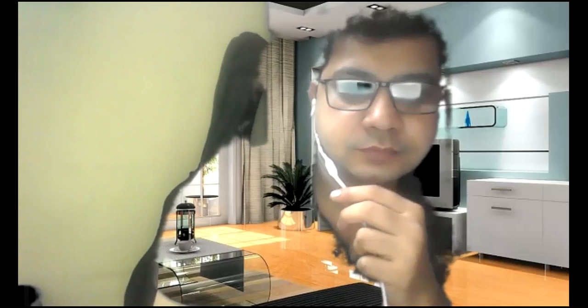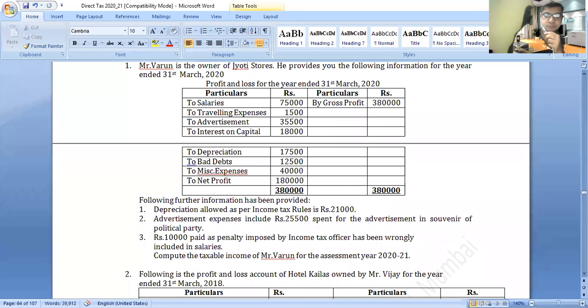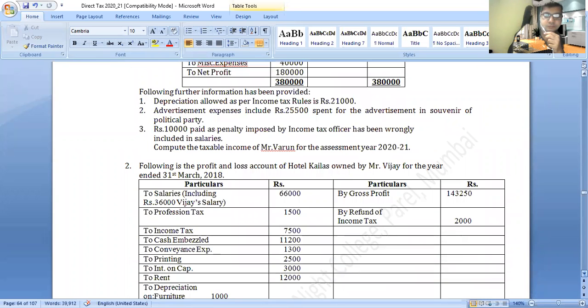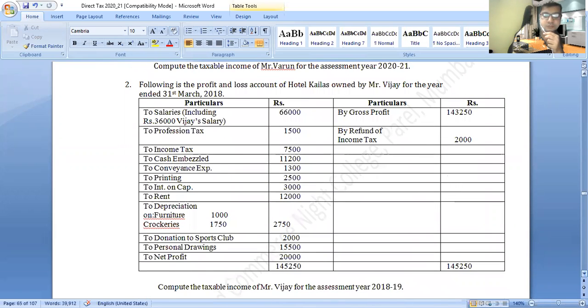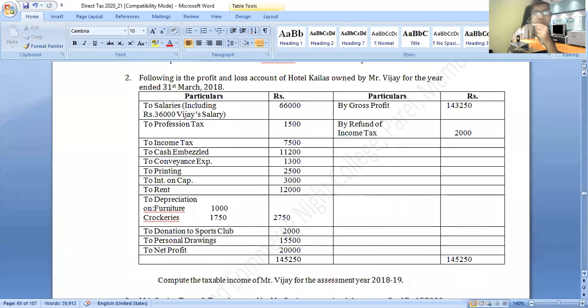Now, friends, we will discuss the next problem. Question number two. Following is the profit and loss account of Hotel Kailash owned by Mr. Vijay for the year ended 31st March.